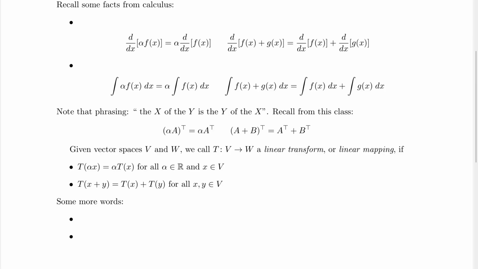So one is a linear operator. When somebody says linear operator, they usually mean that the codomain of the function is the same thing as the domain. In other words, it's a linear mapping from a vector space to itself. So it's not transforming from one vector space to another, it's operating on the vector space we are currently looking at.